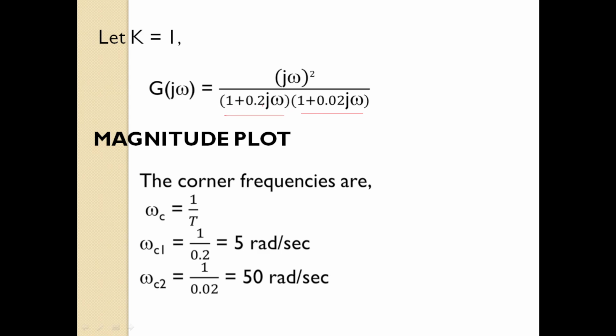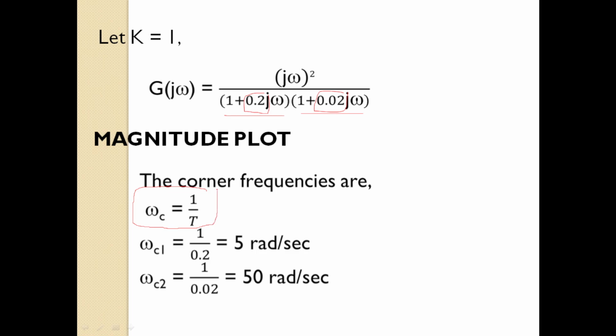This is in the form of 1 plus j omega T, and this is also in the form of 1 plus j omega T. What is the T value in this factor? 0.2. What is the T value in this factor? 0.02. What is the corner frequency formula?